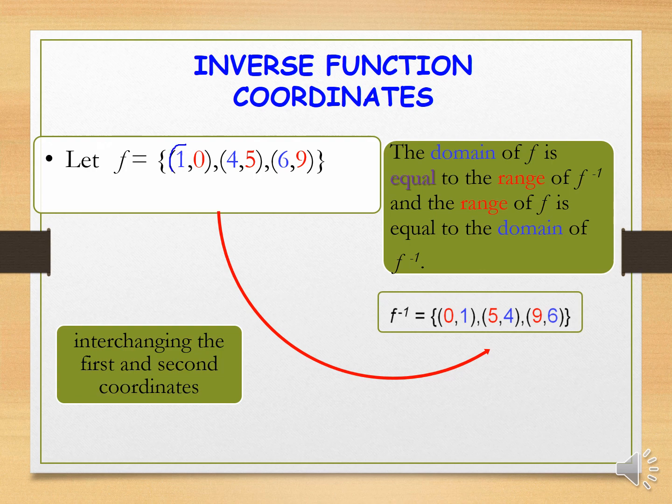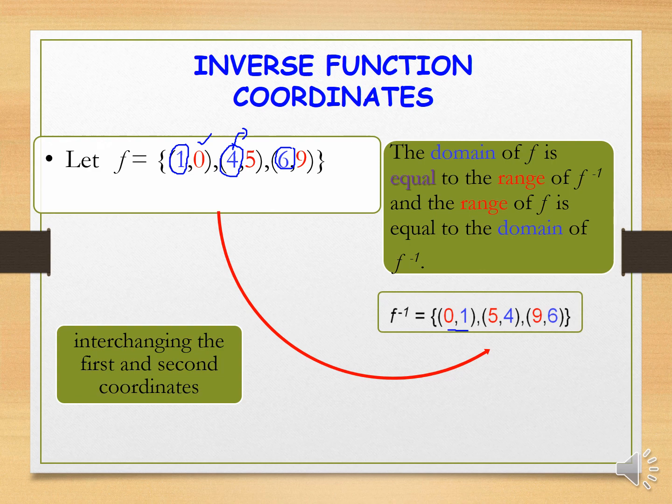As you can see from function f here, the domain of f is 1, 4, and 6. The range for 1 is 0. When we plot it on f inverse, we have the coordinate as (0, 1). As for the second coordinates, (4, 5), x is 4 and y is 5.